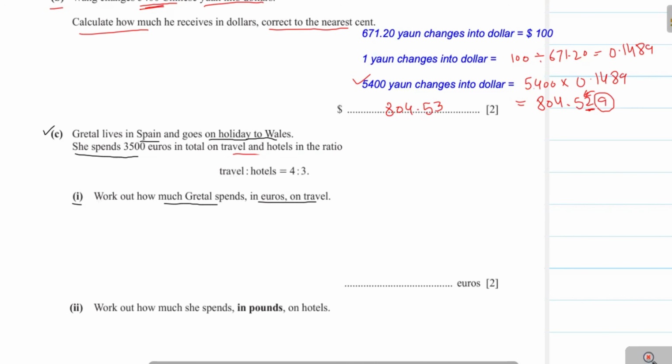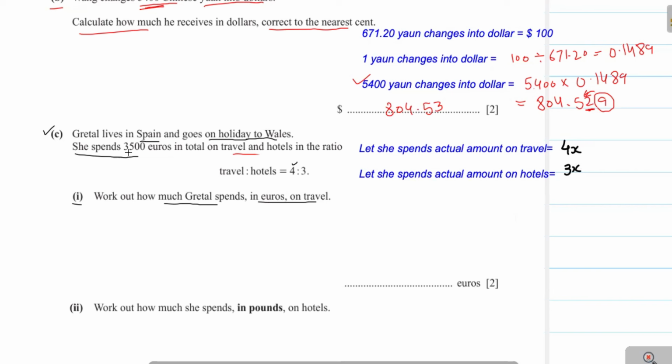Now we use this ratio for the actual amount. We can write traveling as 4x, and the actual amount on hotels will be 3x.